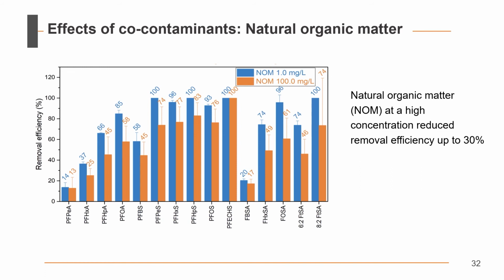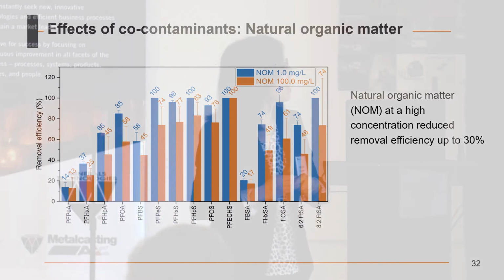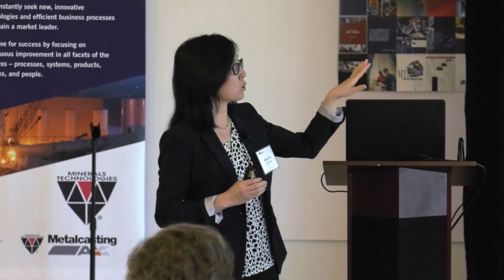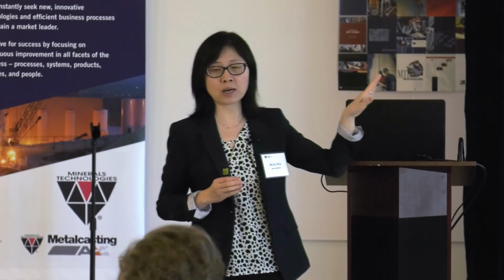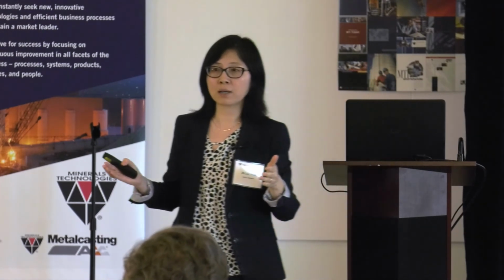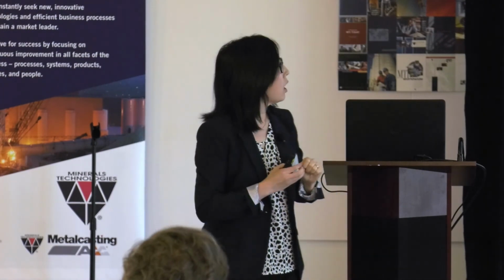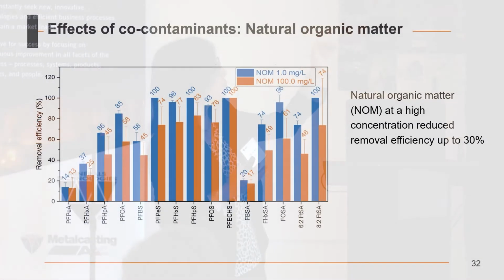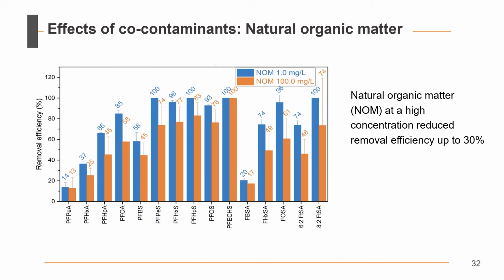We bought a standard natural organic matter from the International Humic Substances Society, because everybody buys from the same source so that you can compare. And we really added a lot of natural organic matter. You're usually not going to see 100 milligram per liter of natural organic matter, but we just wanted to challenge it. You do see that after adding a lot of natural organic matter, the reduction was about 30% for most of the PFAS.